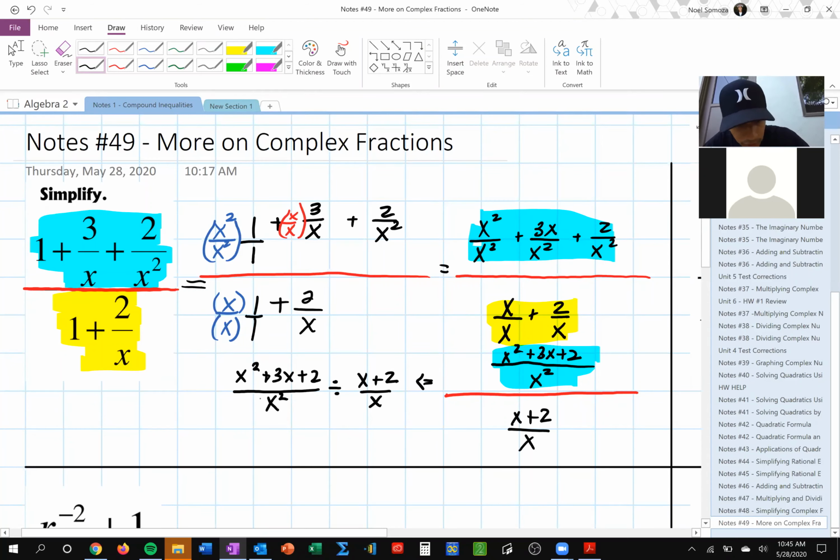So this I'm going to turn into, man, I'm running out of space. Okay, I'm going to keep going this way to the left. So I'm going to write this as, if I factor it, x plus 1 times x plus 2, because 1 times 2 is 2, and 1 plus 2 is 3, so that factors. All over x squared.